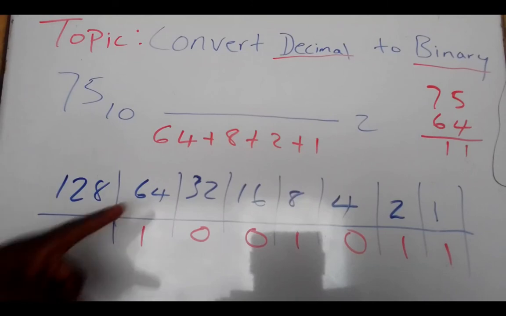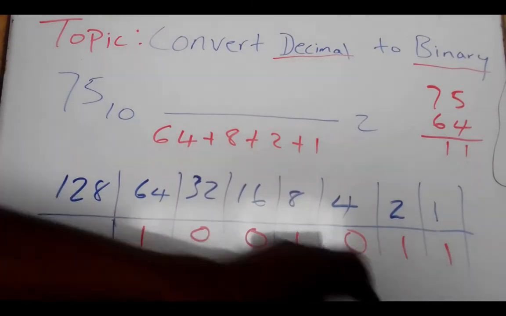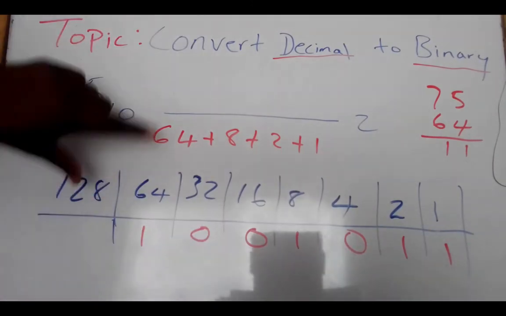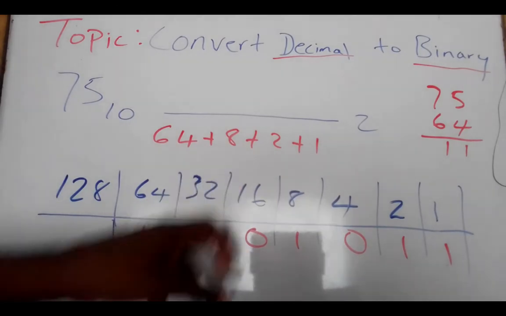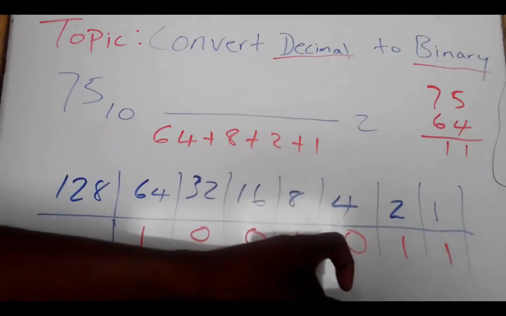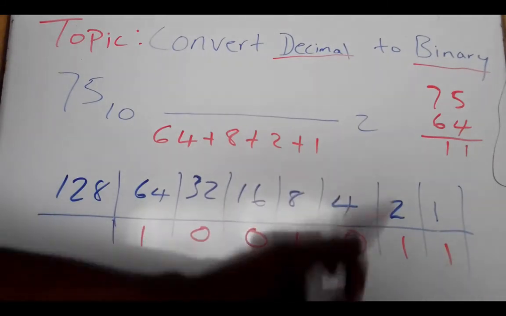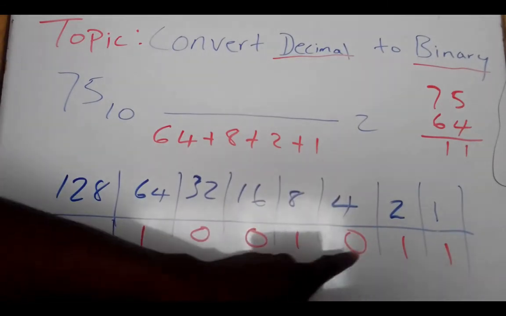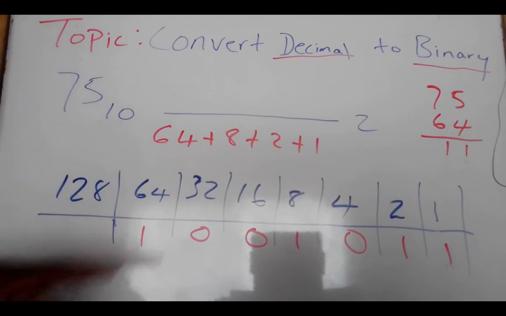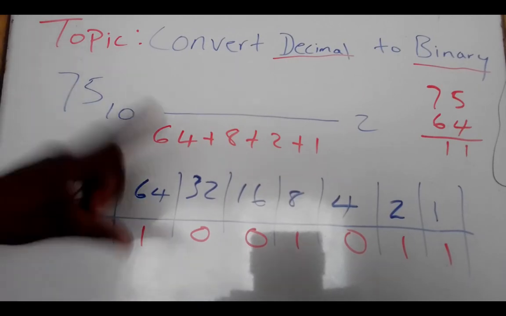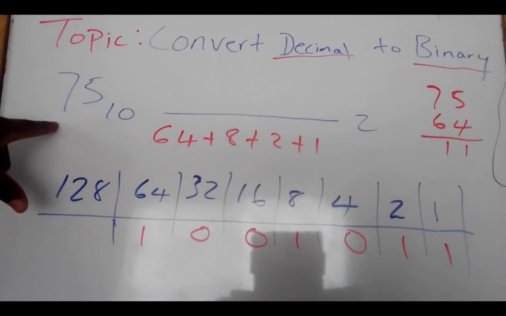So I put a 1 there. Where you see the numbers that we are using, we just put 1 there. We're not using the 32, we're not using the 16, we are not using the 4, hence we put a 0. The numbers that we are not using, we put 0 there, and the numbers that we are using, we put 1 there to add them up to get 75.